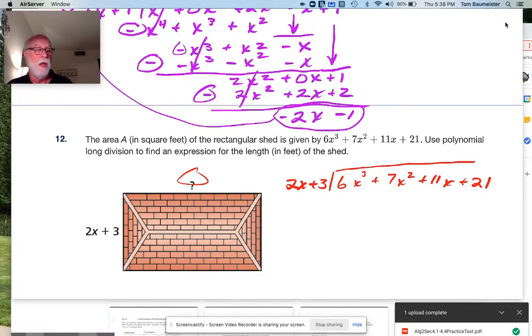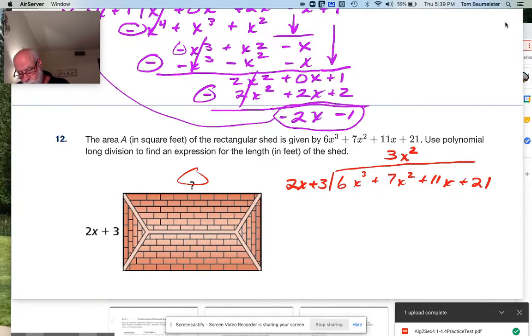And we're going to do the same thing as we just did with the other one. So 2x times what gives you 6x cubed? And you would tell me why that would be 3 times 2 is 6, and then you'll tell me x squared. So that's why I put it over the x squared term.